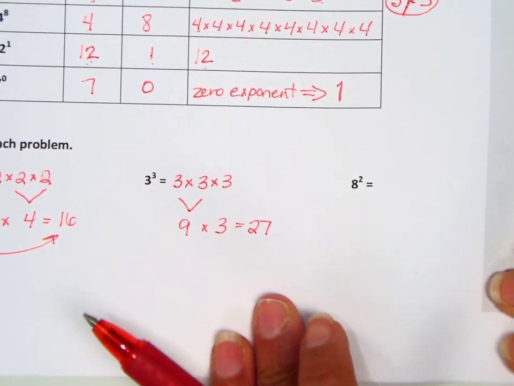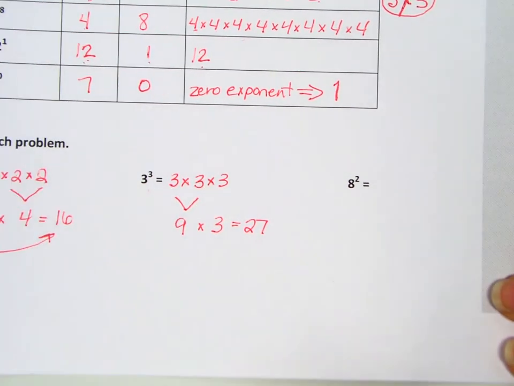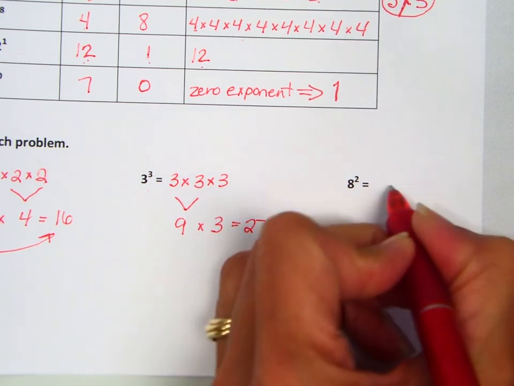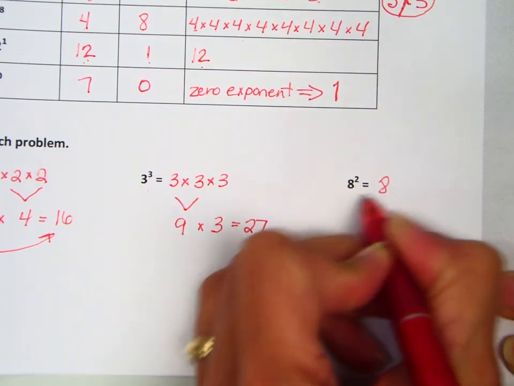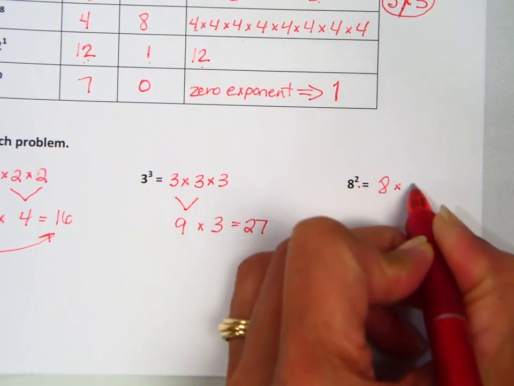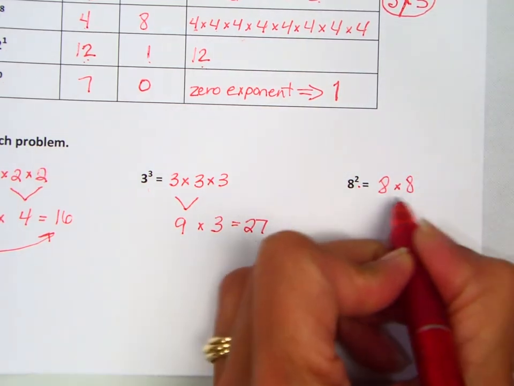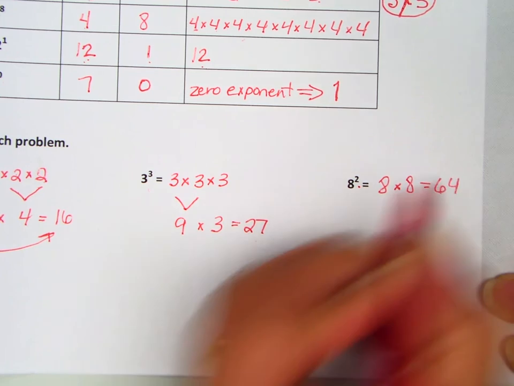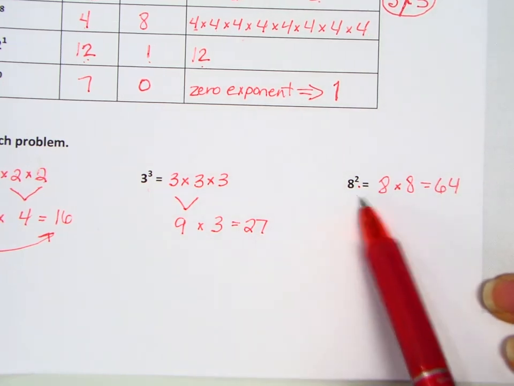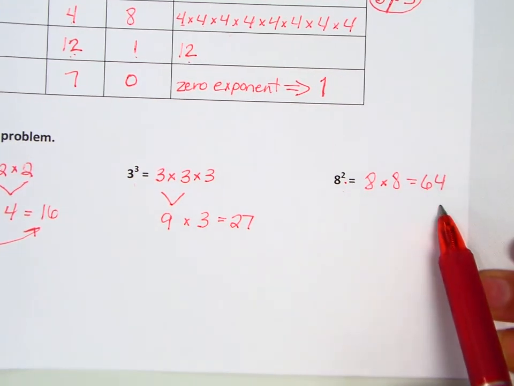Let's try it again with 8 squared, or 8 to the 2nd power. We need to multiply the 8 by itself 2 times, and 8 times 8 is 64. So 8 to the 2nd power is 64.